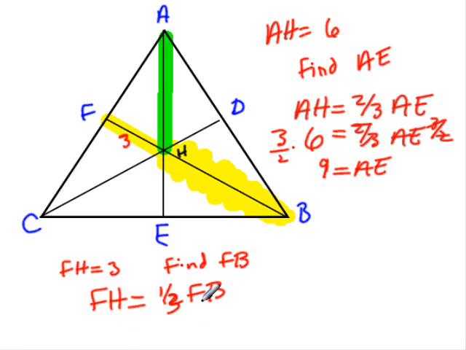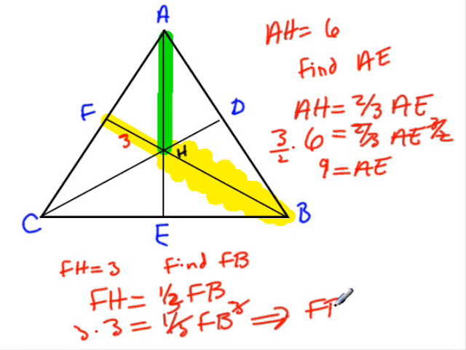So 3 equals 1/3 of FB. How do I get rid of 1/3? Simply by multiplying by 3. Multiplying by 3 cancels, and 3 times 3 gives me 9. So therefore, FB equals 9 units. So if this segment is 3, the whole segment is 9, so that means this is 6. We just wanted to plug that in.